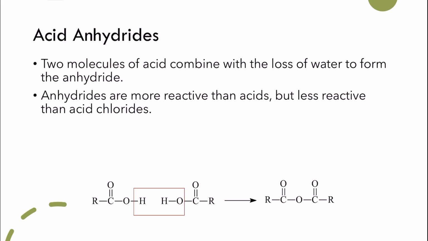If you have two acids together and you remove water from these two acids and combine them together, it will give you the acid anhydride. So you have acid number 1 and acid number 2, remove an OH from one and a hydrogen from the other, and then make a bond between this carbonyl carbon and this oxygen, and you will end up with the acid anhydride. Acid anhydrides again are very reactive. They are more reactive than the acids themselves, but they are less reactive than the acid chlorides.